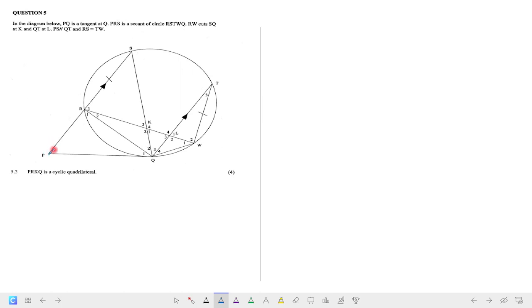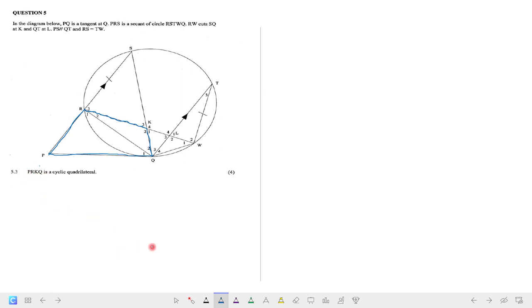Just stay at the top of the line so that I can see the angles. All right. Almost there. And then let's join PQ. There we go. Right. So now they're saying we need to prove that PRKQ is a cyclic quadrilateral.